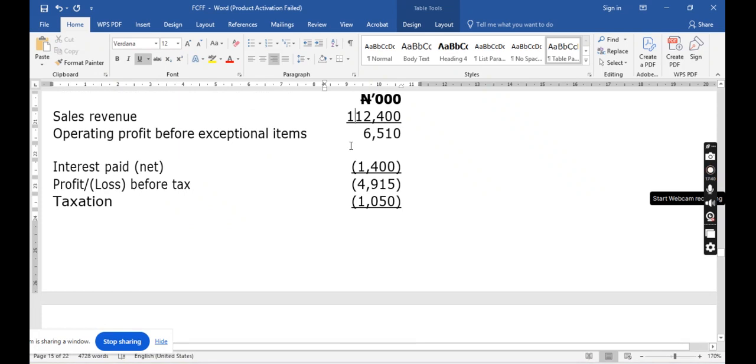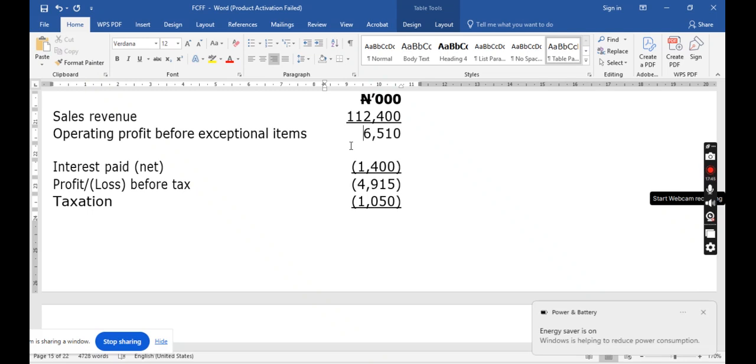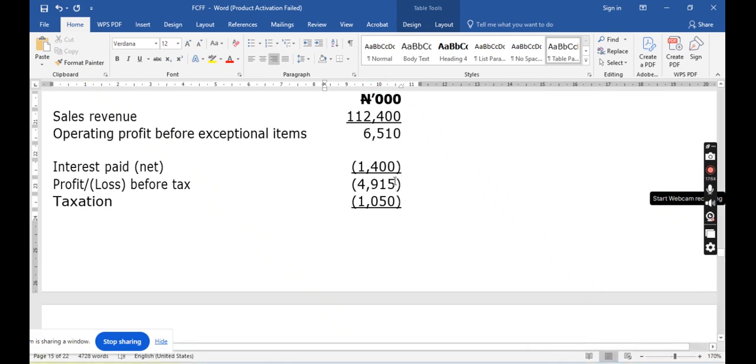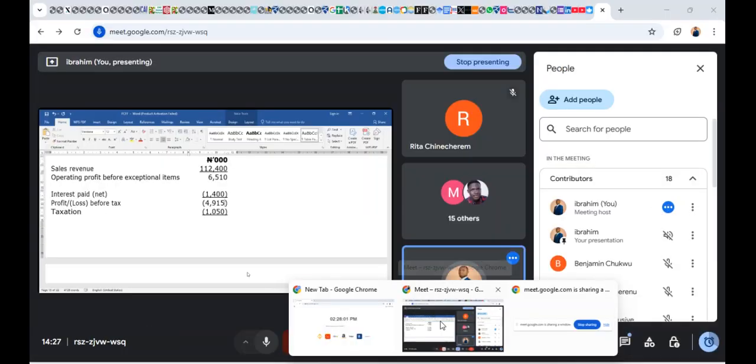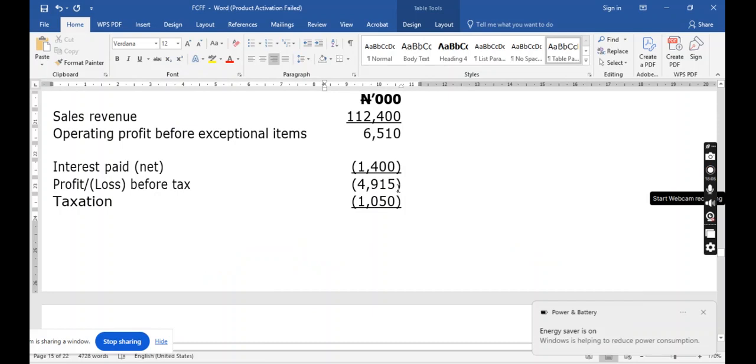So operating profit before exceptional items, 6,510 minus 1,400. What do you have? 5,110.